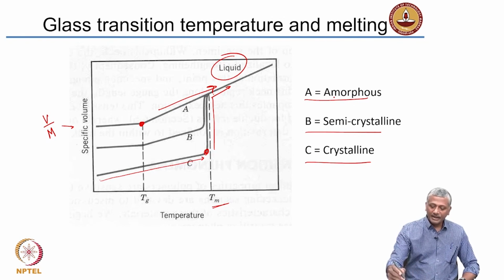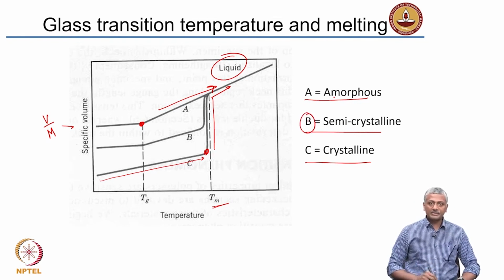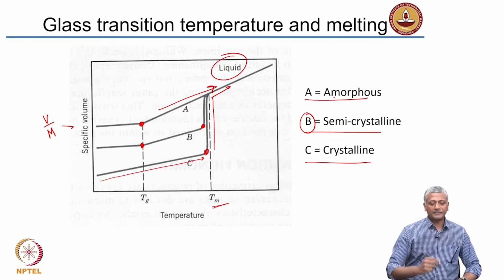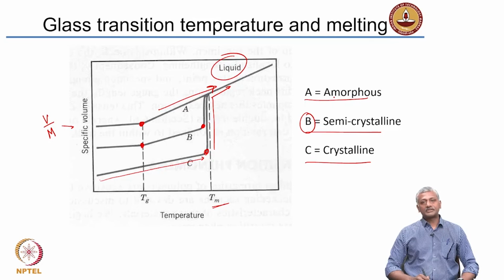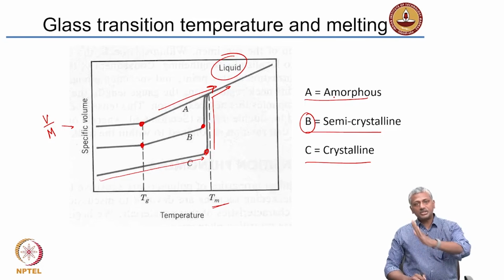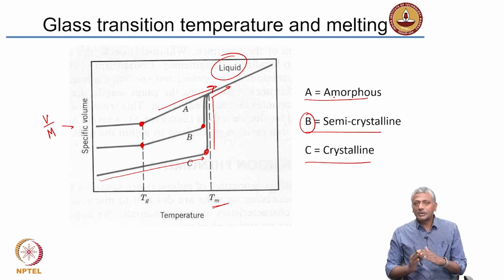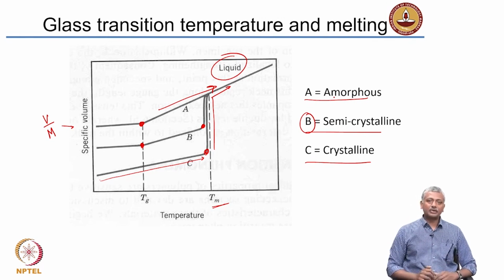On the other hand, most polymers are semi-crystalline, and you will exhibit both glass transition as well as melting. At glass transition, you will have a sudden change in the rate of increase of specific volume, and at melting, obviously, you will have the most major change in the rate of increase of specific volume.